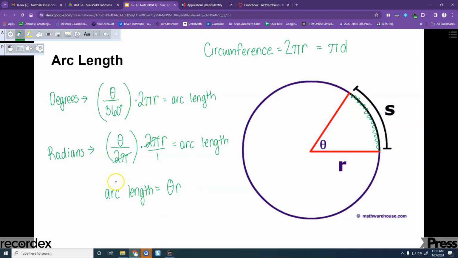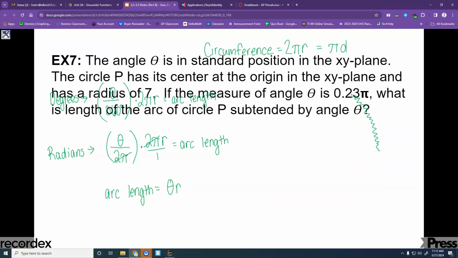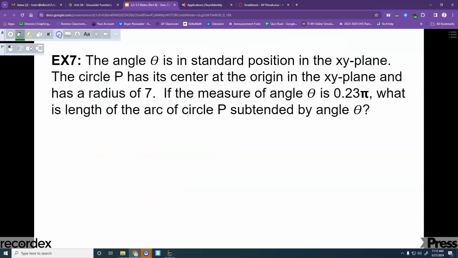So arc length is going to be pretty easy to find here, in most cases, once you get your picture drawn. That's half the battle on all of these. So, 7: the angle theta is in standard position on the xy plane. The circle P has its center at the origin and has a radius of 7.